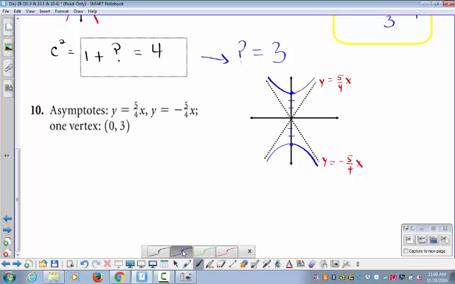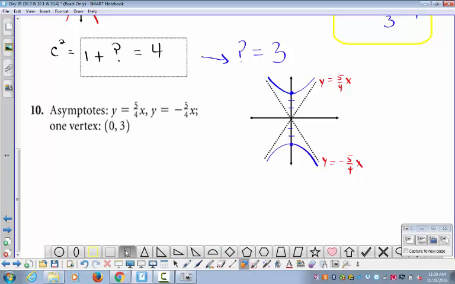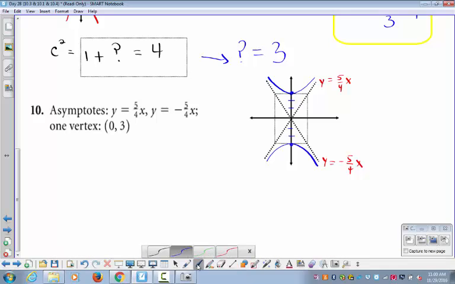Okay. We can now draw the fundamental rectangle. So the fundamental rectangle has to go through those two vertices, and the asymptotes have to go through the corners of that fundamental rectangle. All right, so let's start piecing together the equation. The center is the origin, obviously.